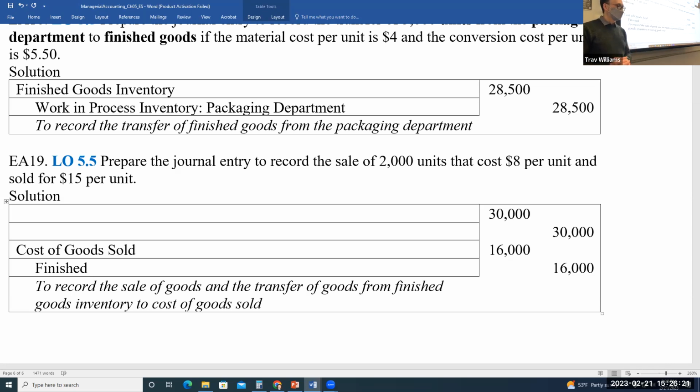In this case, because we're a manufacturer, it's coming out of our finished goods inventory, and it's now the expense of cost of goods sold because we sold it. What's the other debit and credit we need? Accounts receivable, or cash if the customer already paid. At $30,000, probably not cash. And sales or sales revenue, either will do.